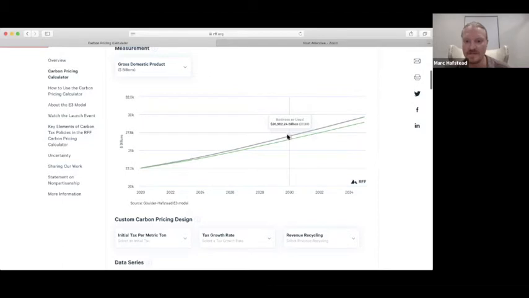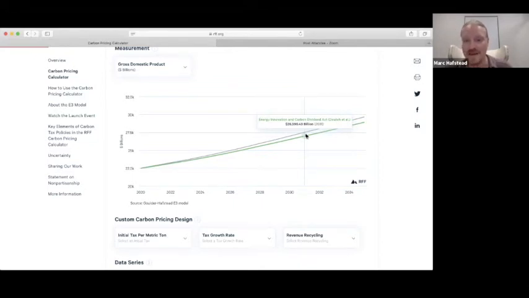In business as usual, we have in 2030 about $27 billion of GDP. If we go to the next year under the Energy Innovation Act, it's $27 billion. On an annualized basis, these are really small changes in annual growth. And so I think one of the key takeaways is that, relative to the gains you get from your emissions reductions, which are falling by 50% or more, the GDP changes are small.